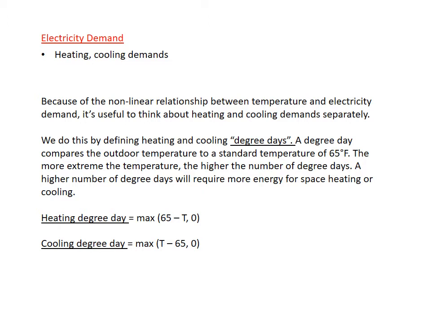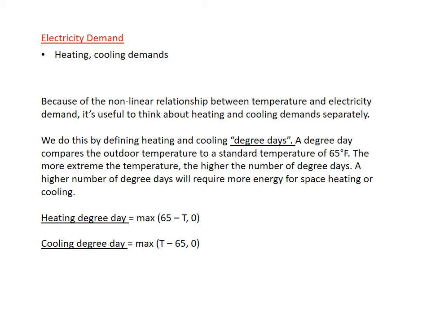So for example, the equation at the bottom here for a heating degree day is the max of this function that's in the parentheses. The max operator here is similar to how we use max in MATLAB. It's taking the maximum value of what's in the parentheses, which is the choice of 65 minus T and 0. What this effectively does is make sure that this heating degree day value is never negative, because if you're taking the max of anything and 0, it's never going to be negative.